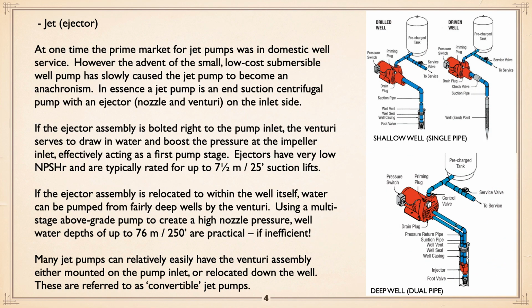Now, taking that ejector a step further, domestic well pumps, and these were really big prior to the days of submersibles and still are found around today. The most common variation of it is the combination pump. Basically, it has a venturi on the inlet, but the inlet is removable.